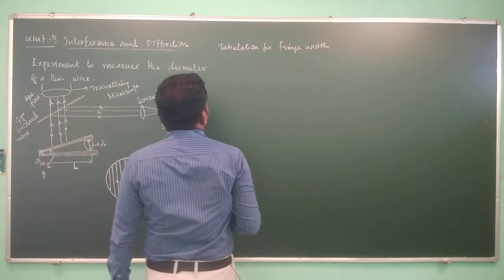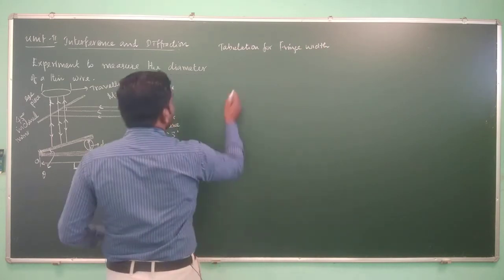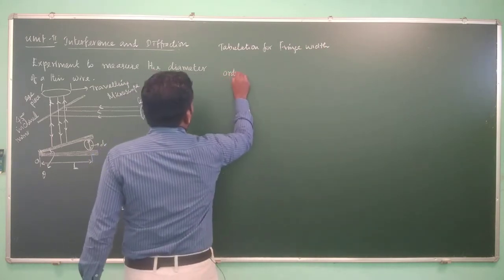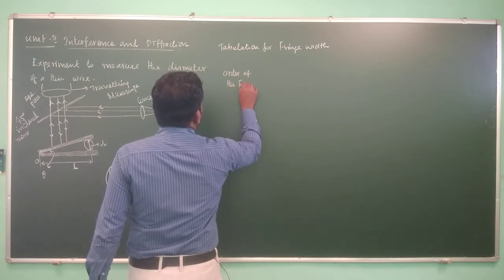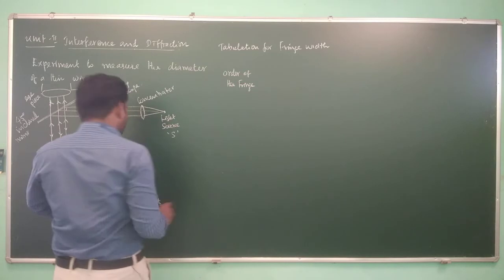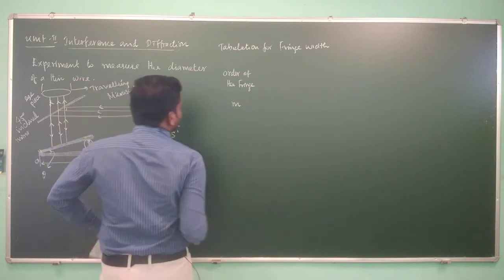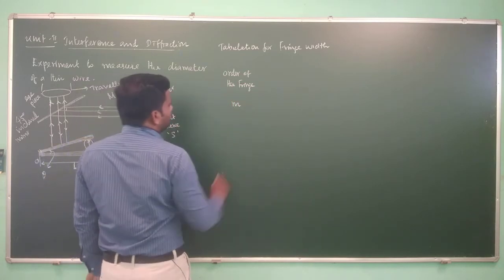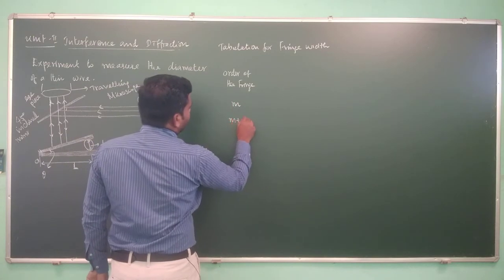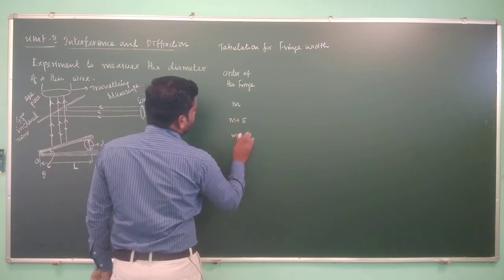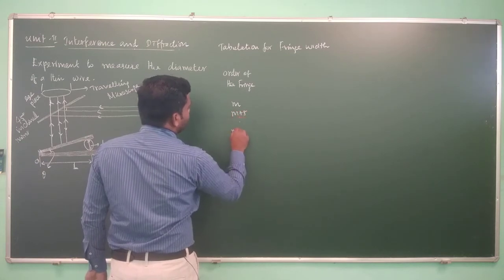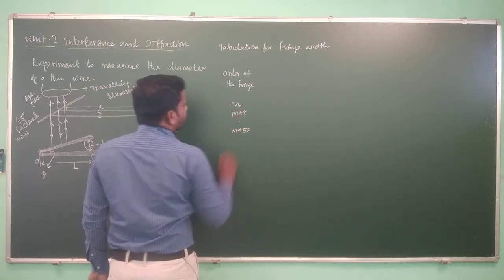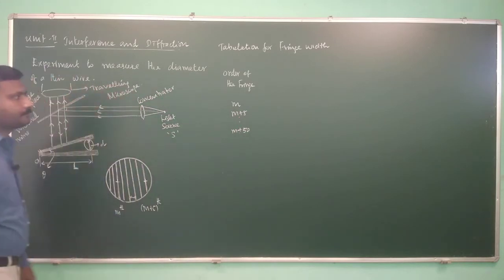For that, we need the order of the fringe. Initially we take the reading for the mth fringe, then m plus 5, then m plus 10, and so on. Likewise we will take 10 readings, up to m plus 50.